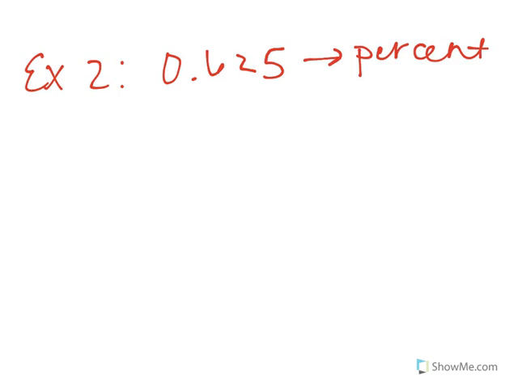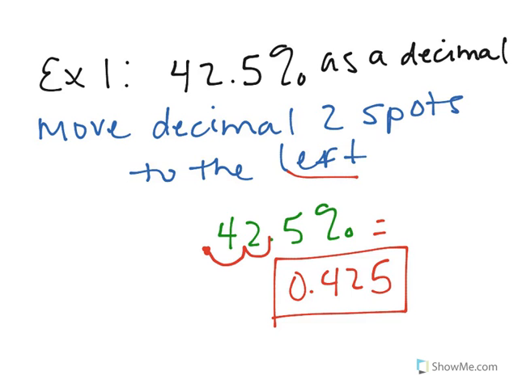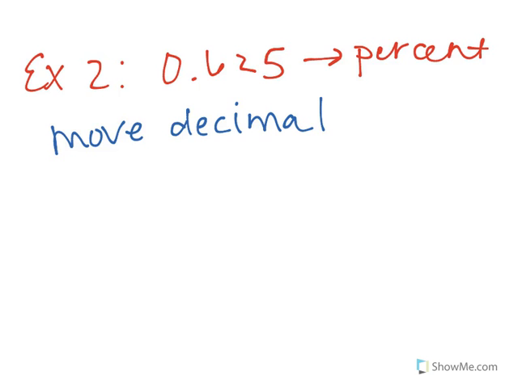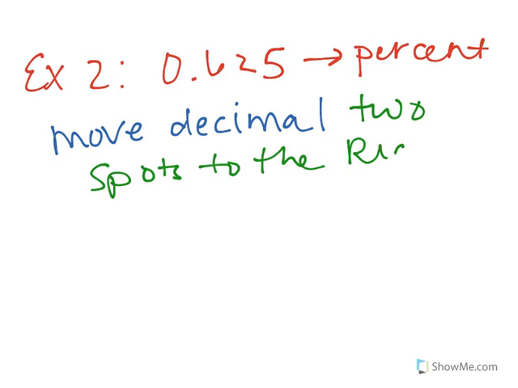And in order to do this, you need to move your decimal directly in the opposite direction that I did in my last example. In my last example, I had you move the decimal two spots to the left. This time, I'm going to have you move the decimal two spots to the right.